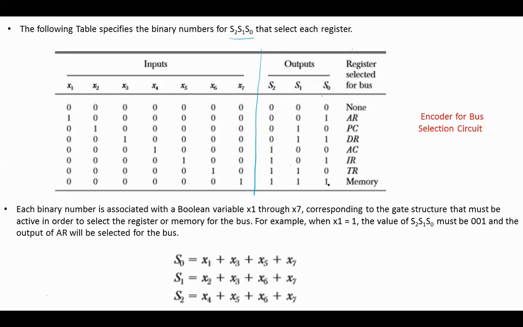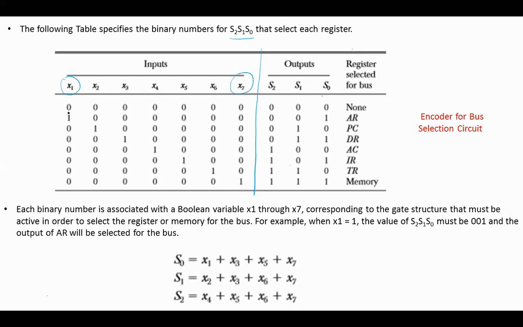Each binary number is associated with a Boolean variable x1 through x7, corresponding to the gate structure that must be active in order to select the register or memory for the bus.